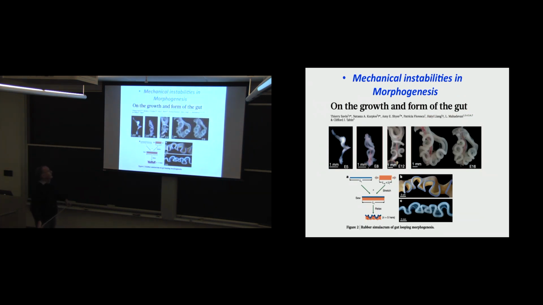I'll zoom right on to the next little example taken from the work of Mahadevan and his friends. Well, this is just one particular nugget from a large body of work exploring the effect of different mechanical instabilities in morphogenesis, in the development of animals and plants.